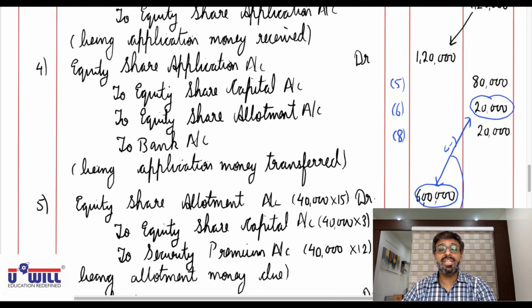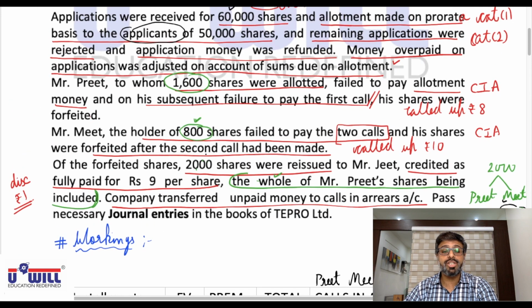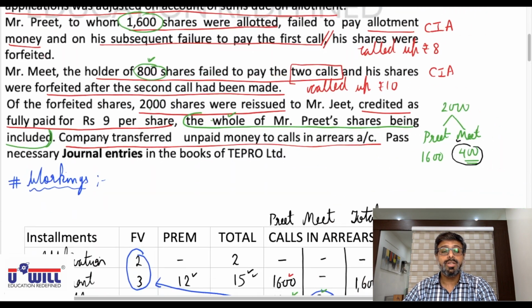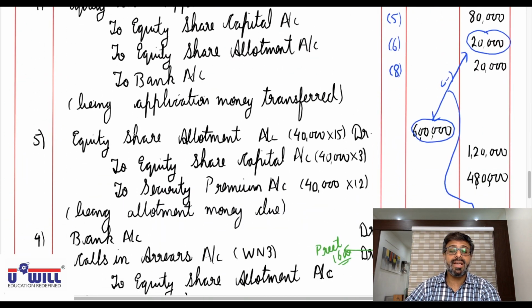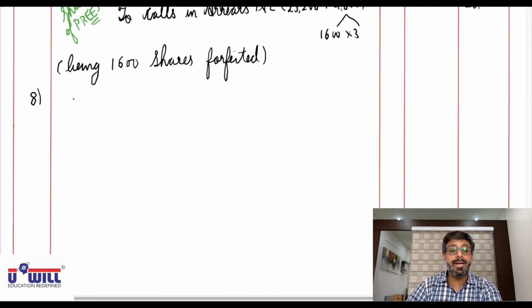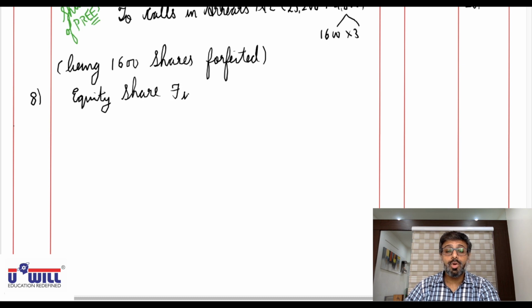Now after forfeiture, two entries of final call, because reissue is done after final call. So two entries of final call will come. Equity share final call account debit to equity share capital account.